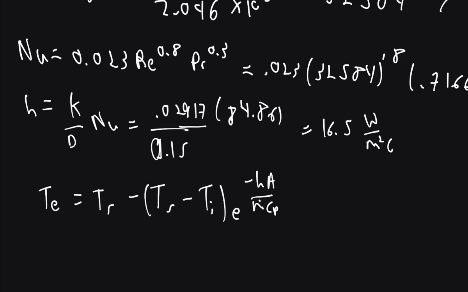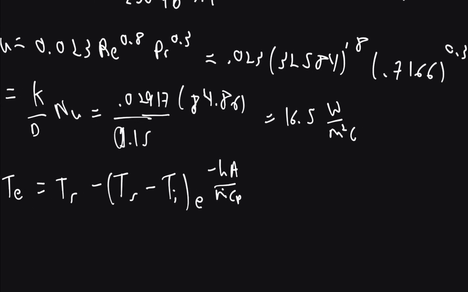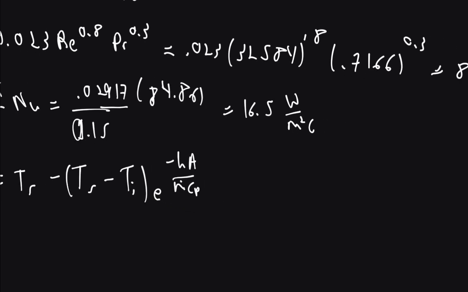So now we need m dot and we need As. We have a rectangular duct. The surface area is just going to be all of these surfaces added together.